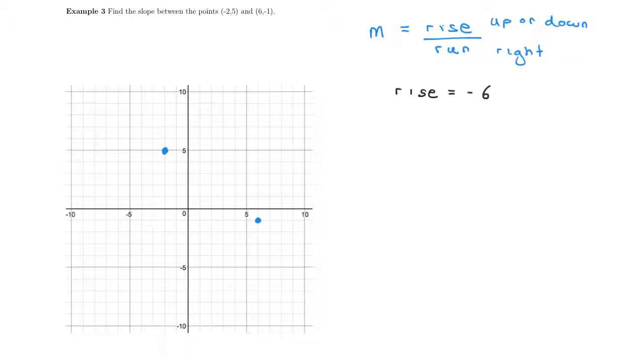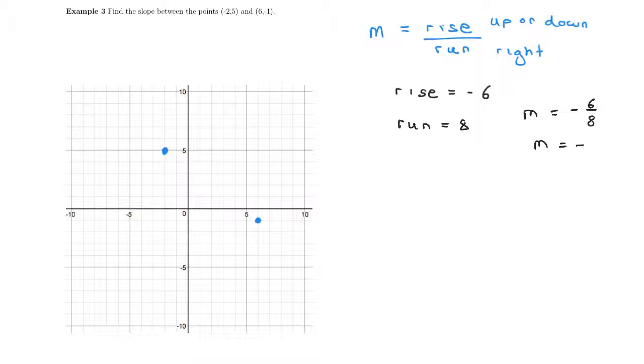The negative just indicating that we're going down. And then from that spot here, the run is 1, 2, 3, 4, 5, 6, 7, 8. 8 places to the right. So the run is 8. And we define slope to be the ratio of these 2 values, negative 6 over 8, the negative indicating down.